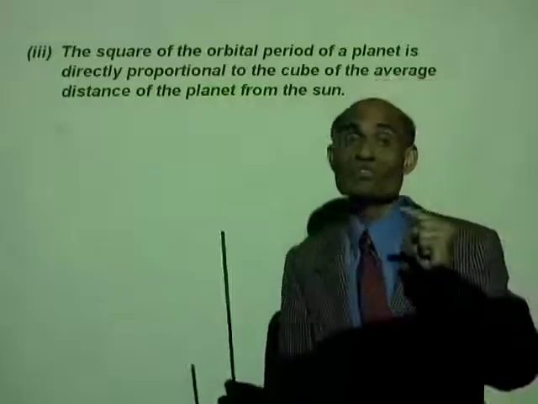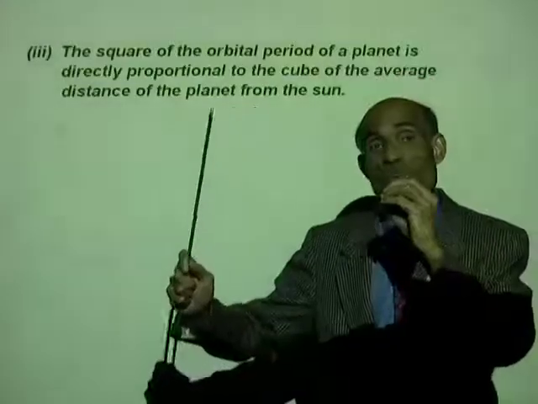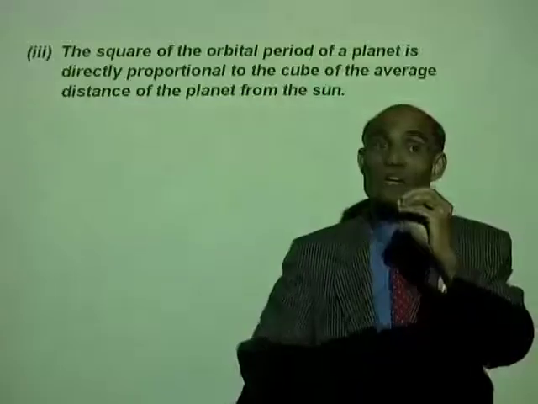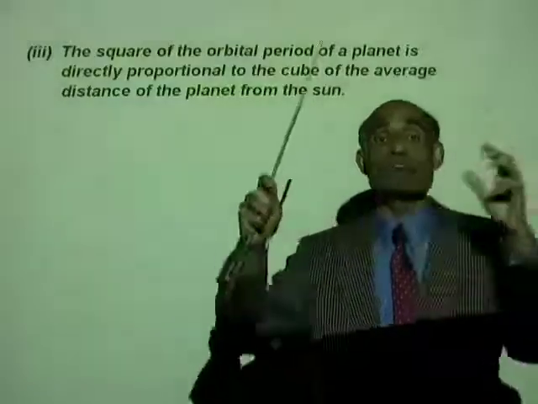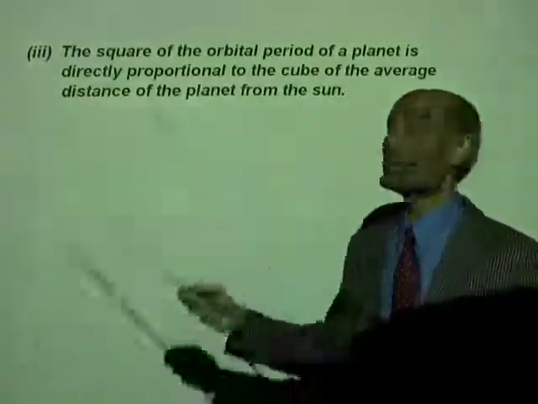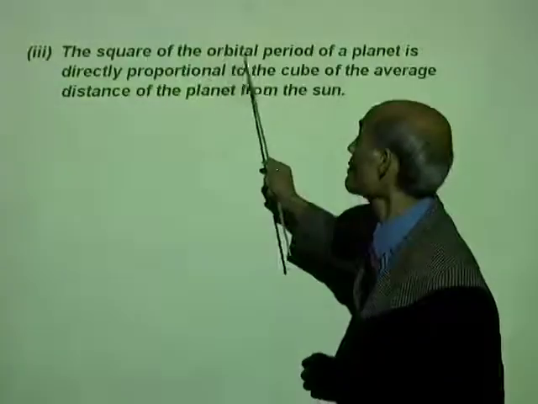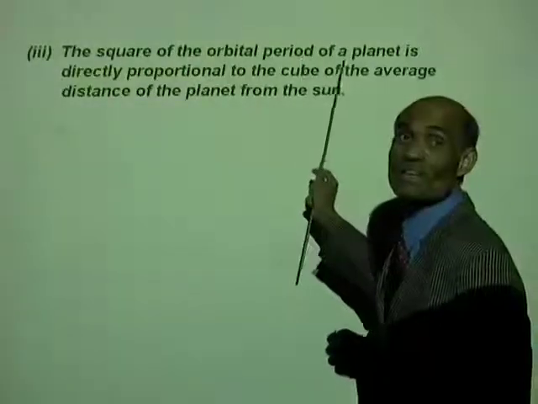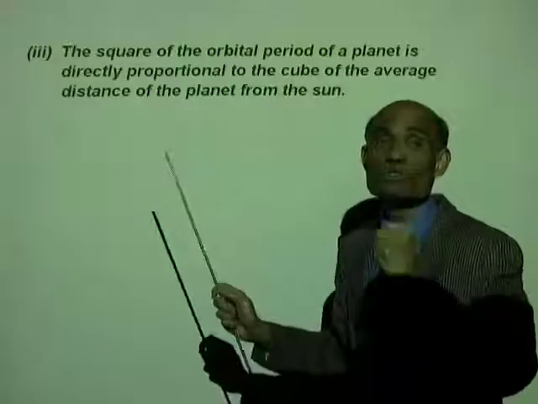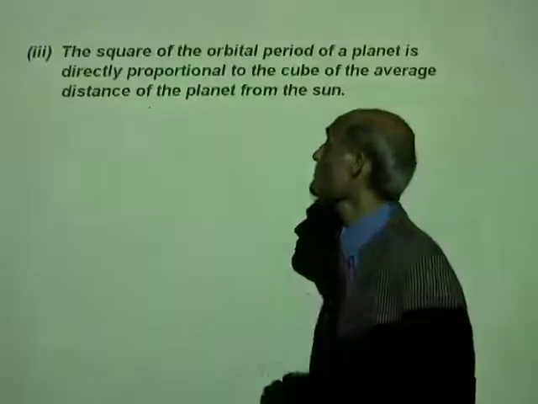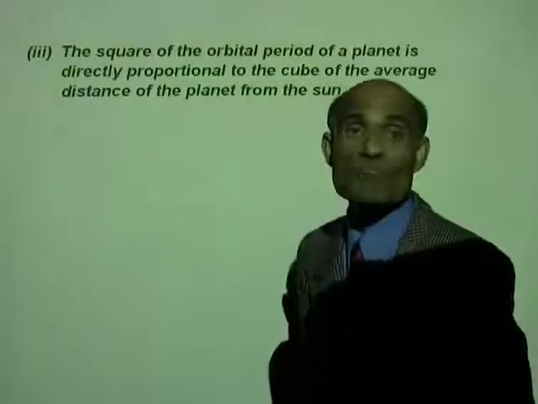Why the average distance? Because the distance of the planet from the sun varies with its position, because the orbit is elliptical.